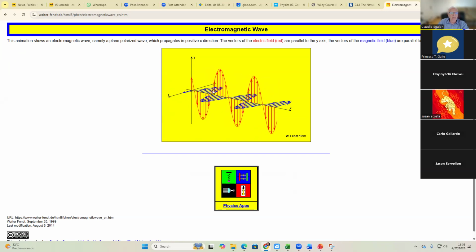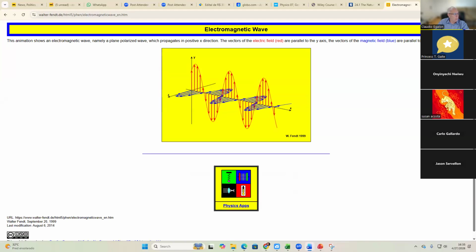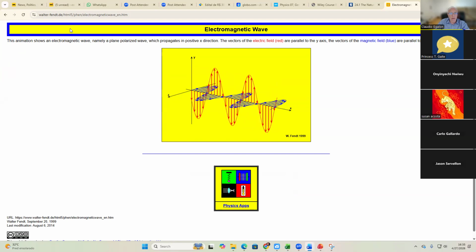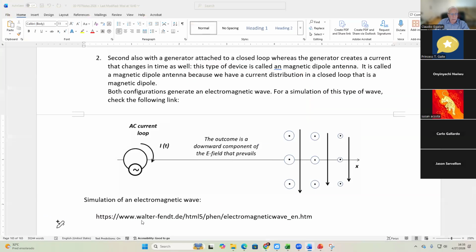But we can produce an electromagnetic wave only when the electric and magnetic fields change in time. We can derive the wave equation that you saw before in physics 6, from the equations of electricity and magnetism.